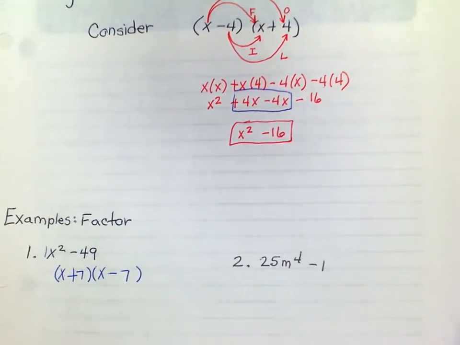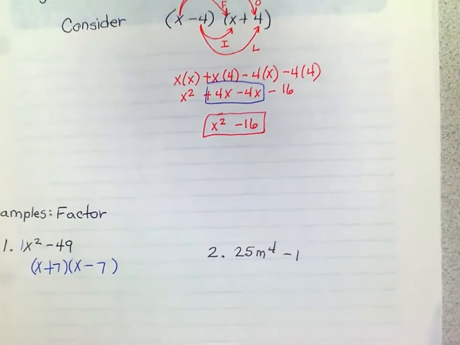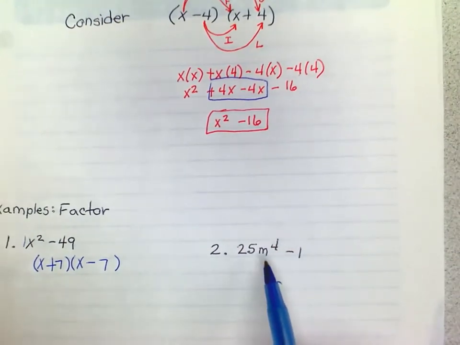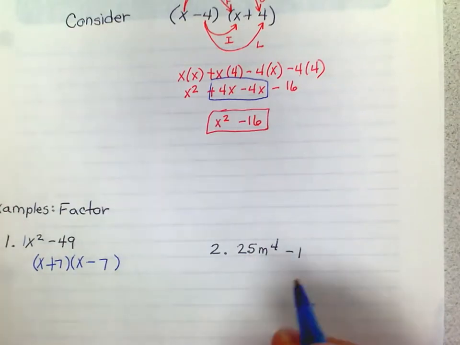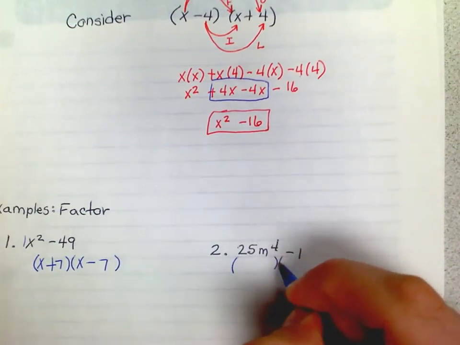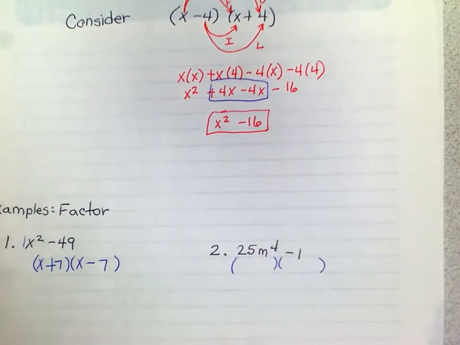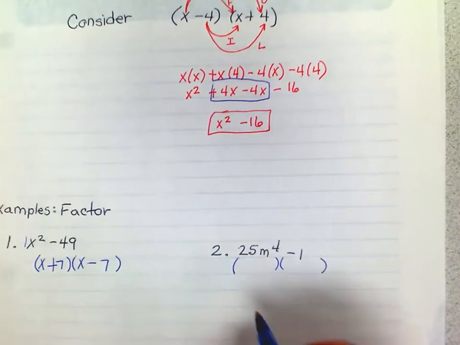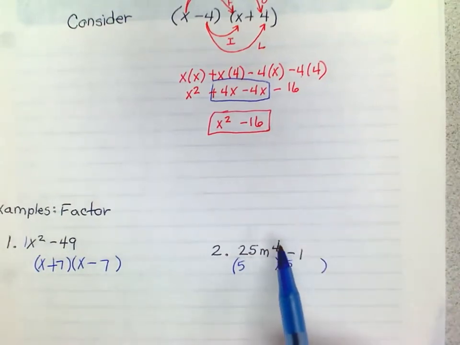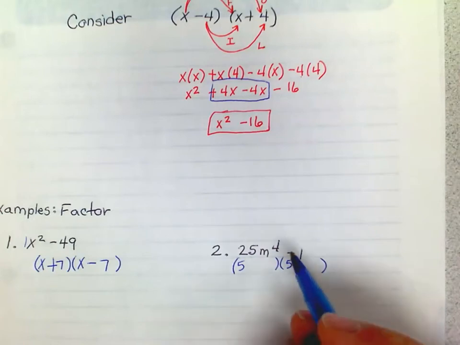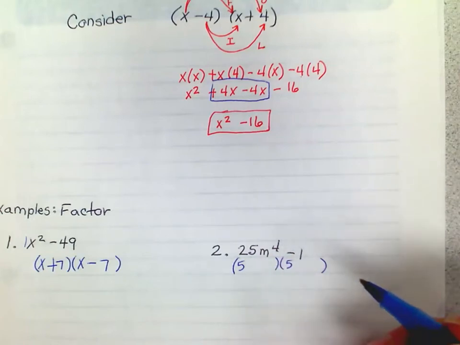Okay, if we look at number 2, we can see right away that 25 is a perfect square of 5 times 5. So I would open up parentheses and write 5 in both places, and then we can see that m to the 4th is also a perfect square that can be broken into m squared times m squared.